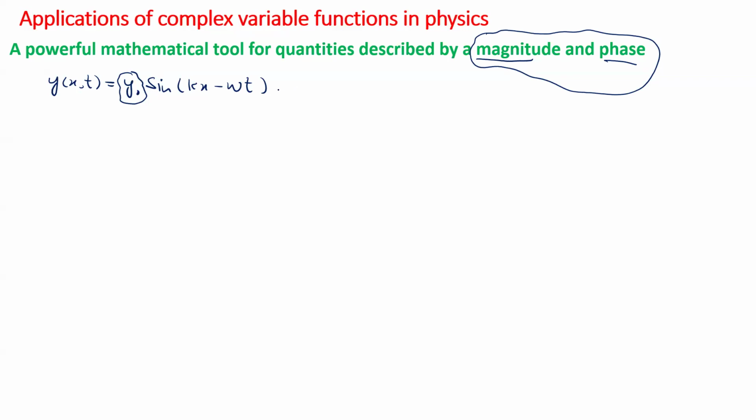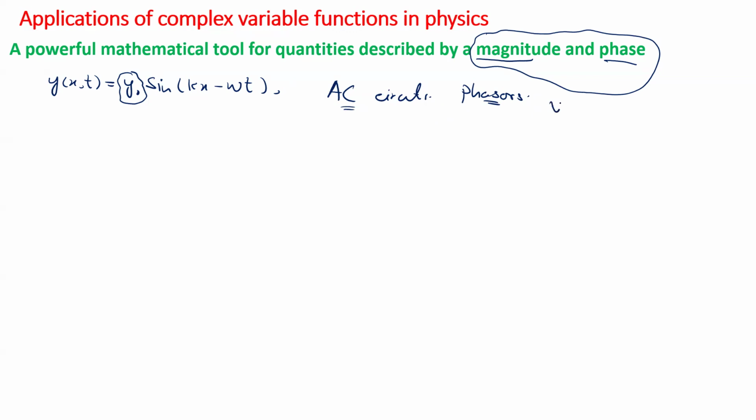So waves and oscillations, then we have AC circuits. In AC circuits, we have something called phasors, where we have the magnitude of voltages and the phases of voltages and current in AC circuits. And doing all those calculations in the complex form can make life easy.